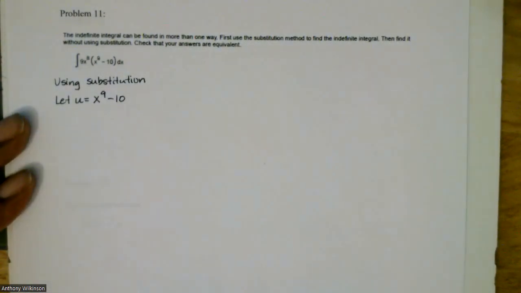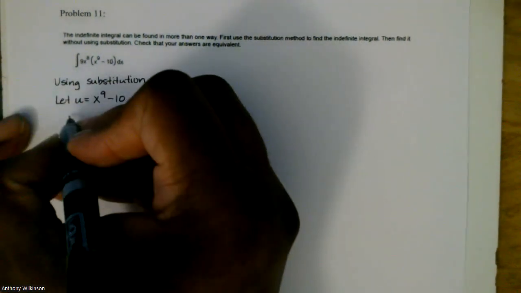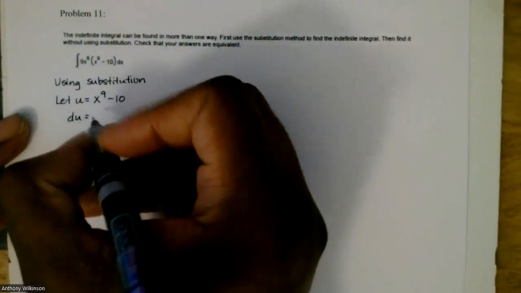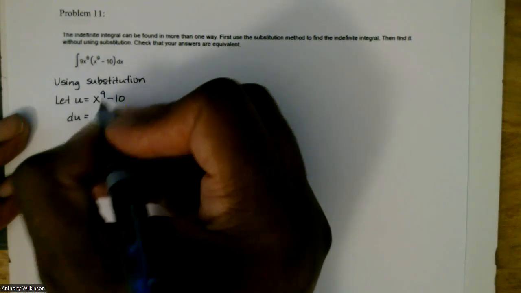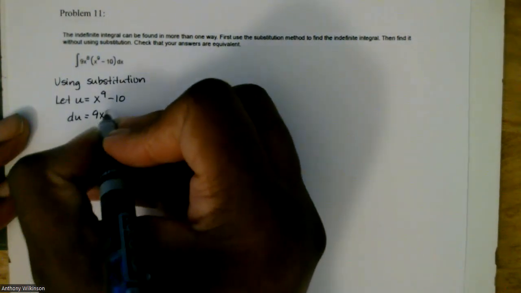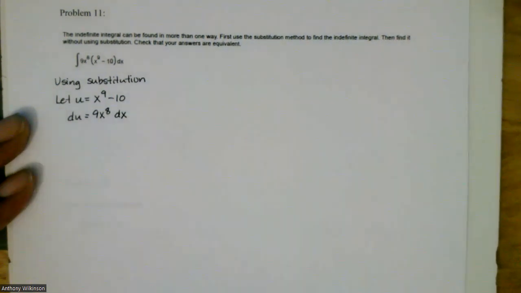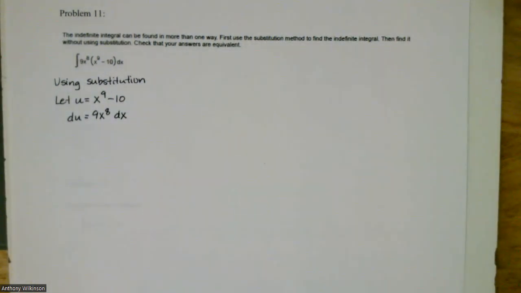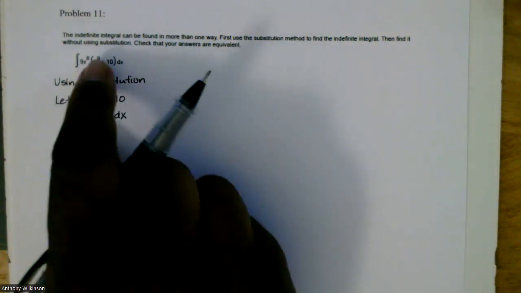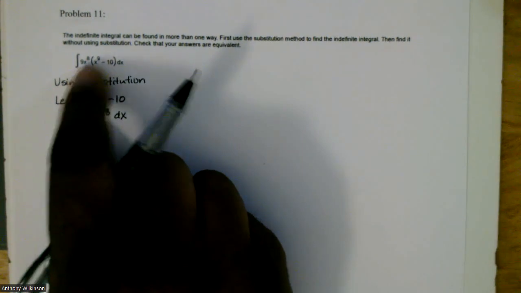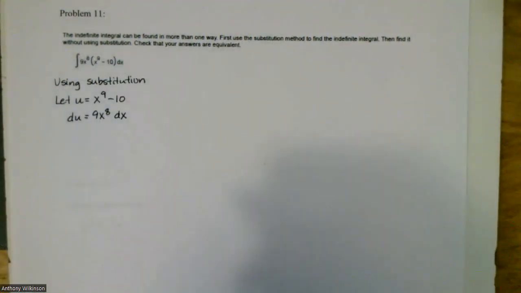And then find du. So here du would be equal to, the derivative of x to the 9th is 9x to the 8th. The derivative of minus 10 is 0. So du will be equal to 9x to the 8th dx. And that's exactly what I have here, 9x to the 8th dx.